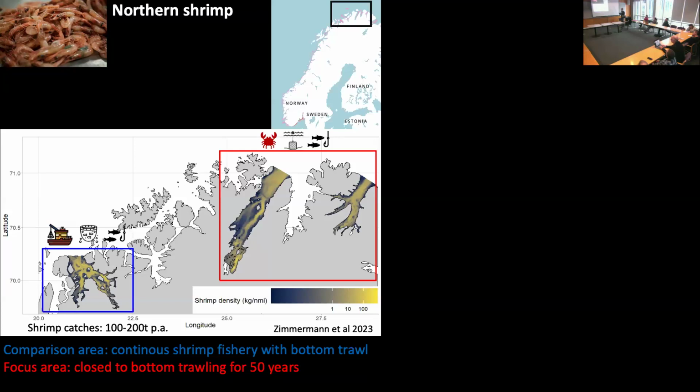And that's of course nice because it gave us the possibility to really look at these fjords in more detail, and in addition to compare with the fjords where the shrimp fishing is going on. But interestingly, what we found is that in terms of both shrimp density and also important species like cod, the densities were actually very similar overall between the fjords.